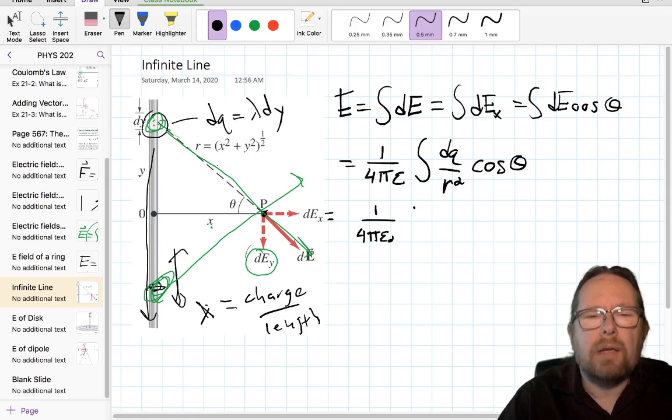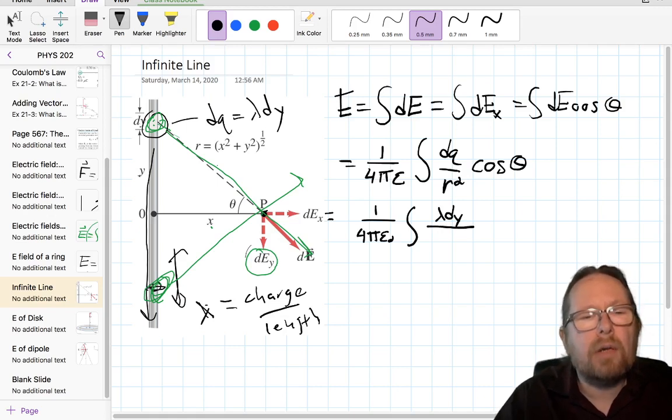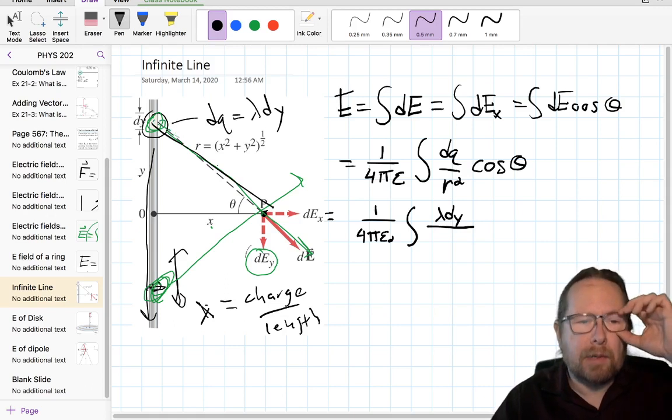Every little bit of electric charge is equal to the charge density times a little bit of the line along the y-axis. r squared is not a constant. In the ring, we were always the same distance away from each piece dq, but here we're definitely not. We're always a slightly different distance away from these little bits of charge as we integrate up and down the y-axis.